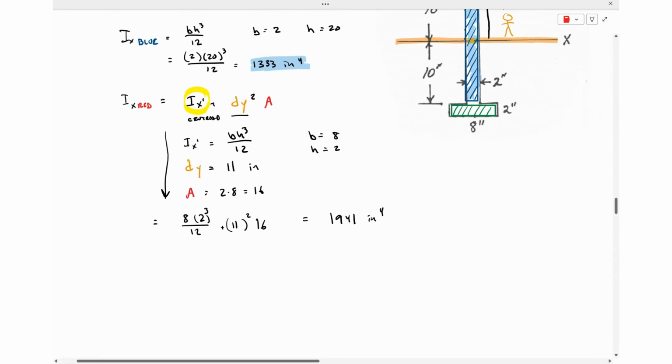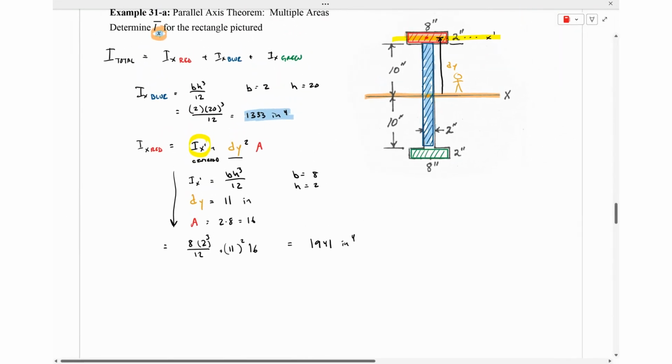Okay, so if you look at the blue and the red, we have calculated those values. Now, what about the green one? Does it matter that it's below the axis as opposed to above?